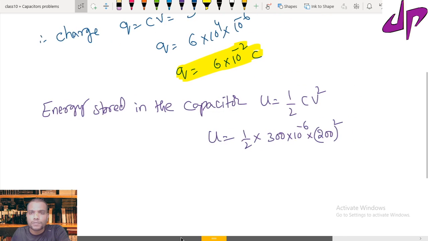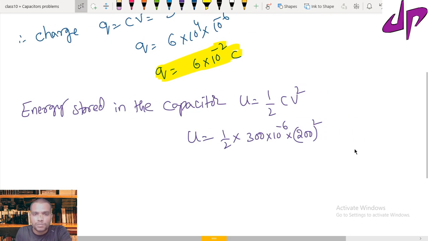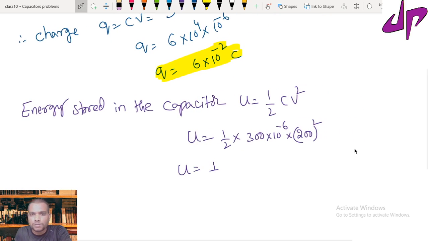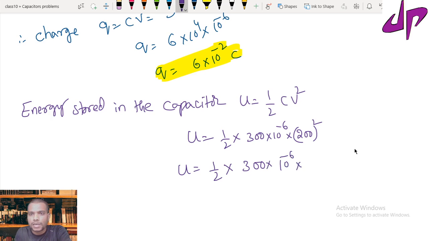Now let's simplify this. Potential energy U equals half times 300 times 10 power minus 6 times 4 times 10 power 4, since 200 square is 4 times 10,000. Now 2 and 4 get cancelled to 2 times.